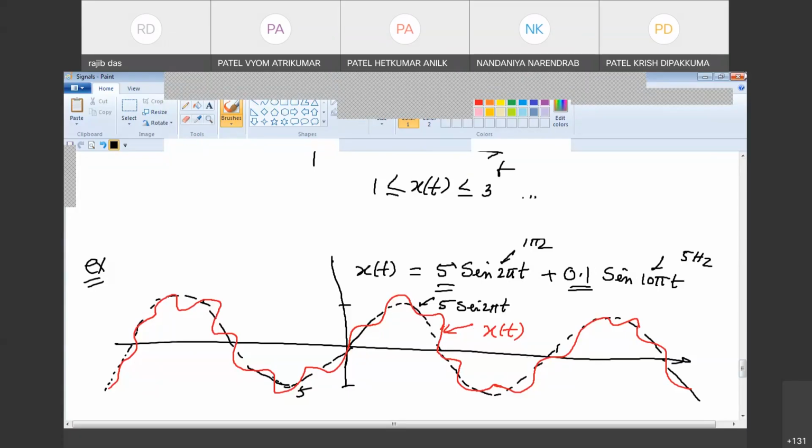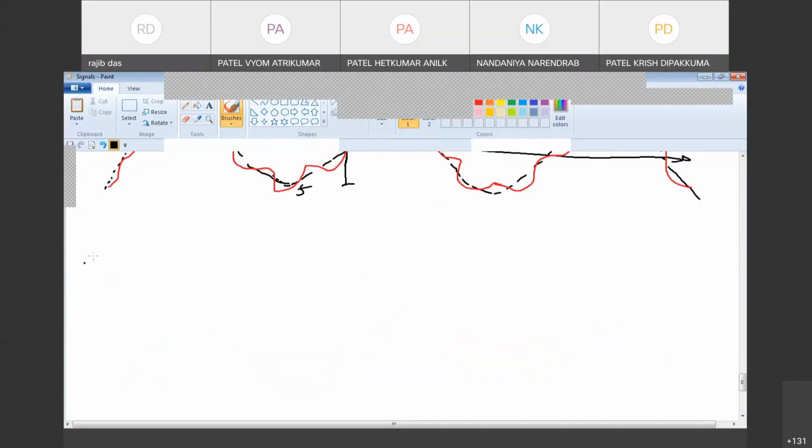Now, if we consider just the opposite one, if the signal is like this, 0.1 sine 2 pi t plus 5 sine 10 pi t.